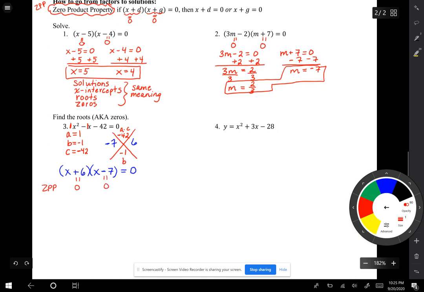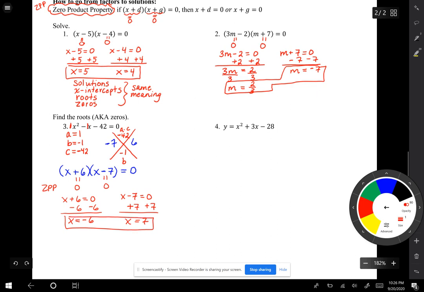When you make your smiley face kind of thing, that's called using your ZPP. So that would be x plus 6 equals 0 and x minus 7 equals 0. Subtract 6, add 7. And those are your two answers.